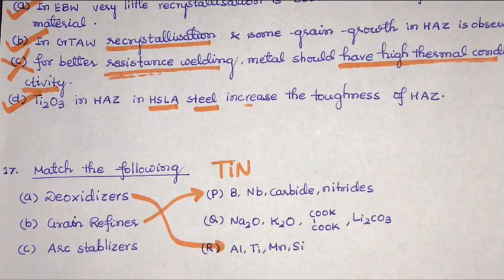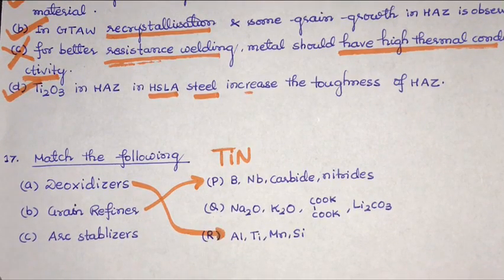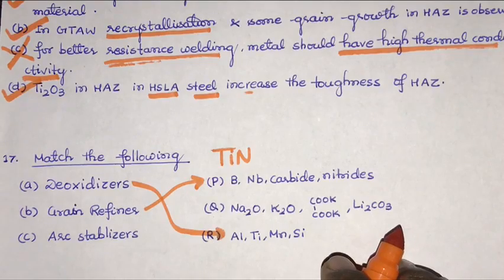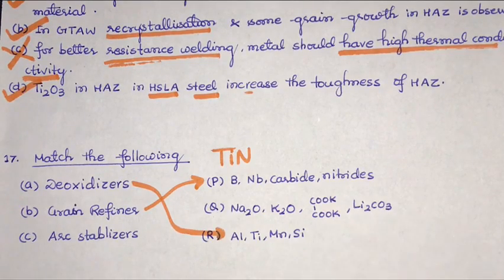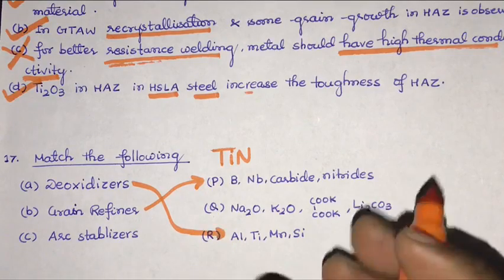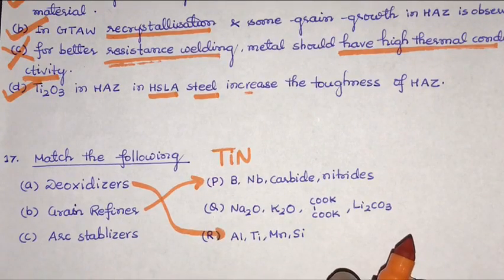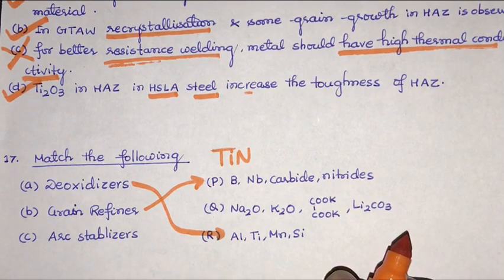Now coming to the arc stabilizers. Arc stabilizers are compounds that are used to stabilize the arc. They help to maintain a stable arc. An arc stabilizer is an ionic compound. As we know, the arc is an ionized gas, that is plasma, that conducts electric current, and the arc stabilizer compounds decompose and form ions that increase the electrical conductivity of the arc.